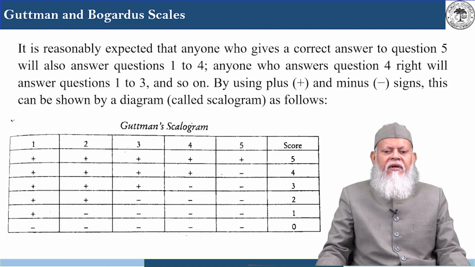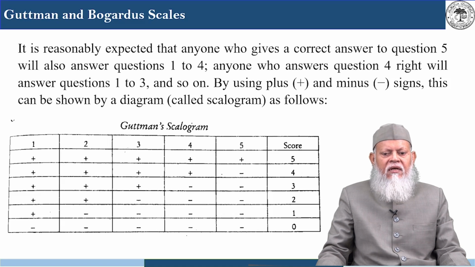Similarly, if somebody does question 4 correctly, then he has a score of 4 and he has 4 pluses beginning from question 4, 3, 2 to 1.